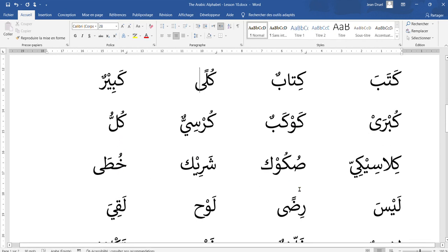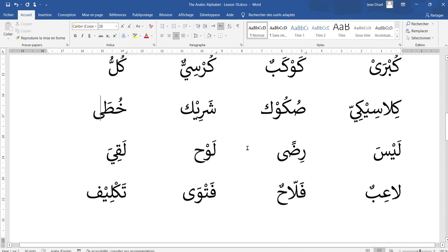Here you see the lam alif, not connected to the sin, klasiki. Here you have a long u, because it's damma sukun, sukuk. Khota, long a, khota, and not khotan.